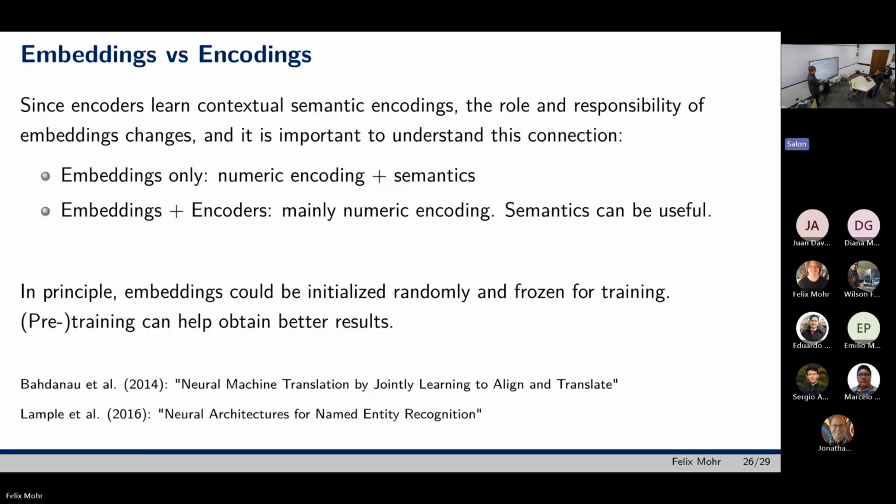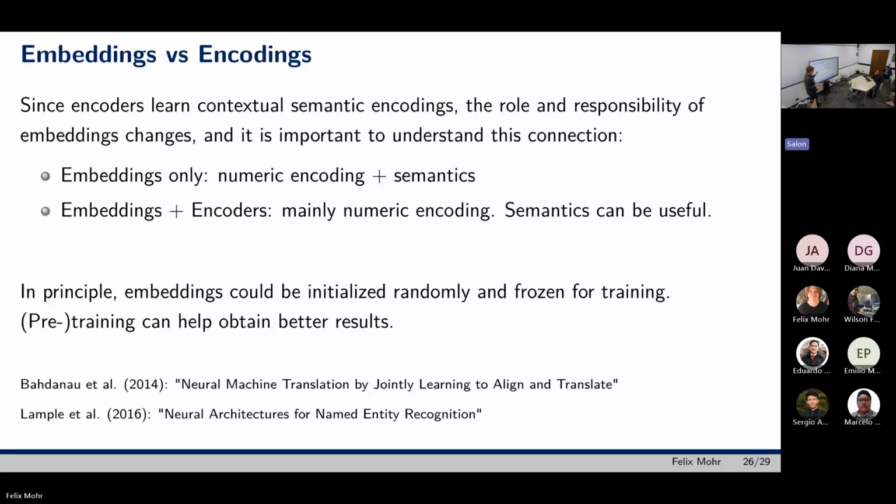Yeah, the encoder. And actually, why do we use the embedding at all? Actually, we only use it to get numbers. There is no semantics left for the embedding. The embedding is only there for mapping a word into some first vectorial representation. But this could even be random. We don't even have to train this.